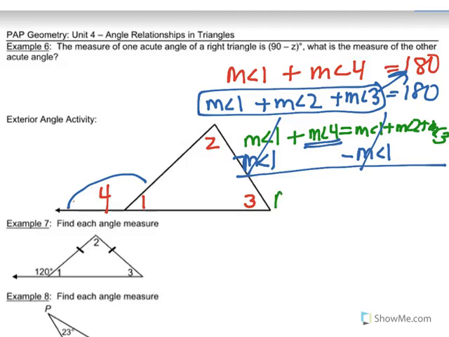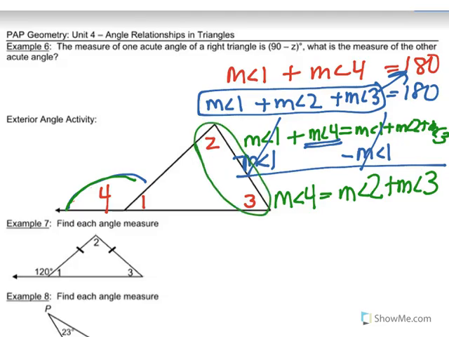So I'm left with the measure of angle 4 is equal to the measure of angle 2 plus the measure of angle 3. Bam! So this number 4 angle is going to be the same measurement as these two added together. And so now we can write a little corollary that says, let me use a different color.